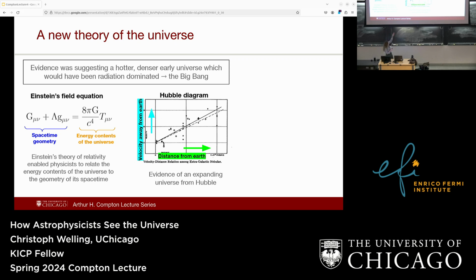And when Hubble, who started in Chicago before doing work in Southern California, which is where this data was taken, was measuring objects, he could measure not just their distance from Earth, but also their velocity away from Earth. They were mostly receding away from Earth. And that seems to say, okay, everything's moving away from us. The further things are away, the faster they're moving away from us. So that's interesting. And so then what does that suggest?